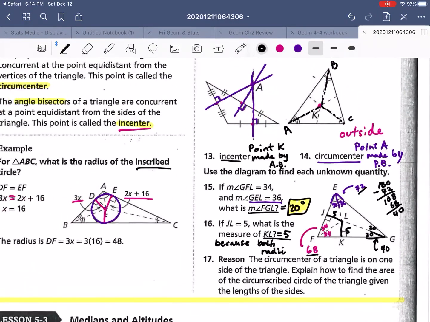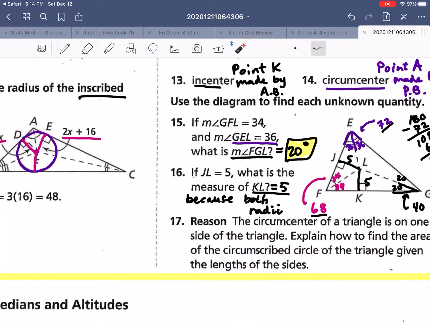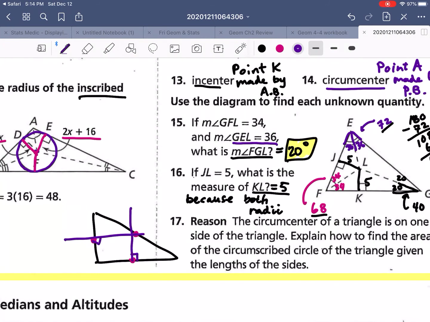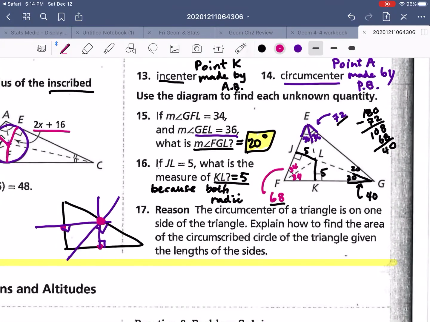This would be an example of that. The circumcenter is on one of the sides, and that happened when we had a right triangle. So let's remember, if we cut all the sides in half and make a perpendicular line, notice the intersection of all those points lands on the triangle, not inside. So the circumcenter of a right triangle is on the side of the triangle.